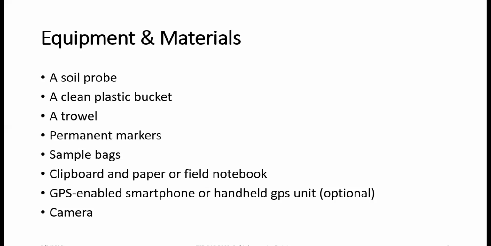So you need some equipment for digging or for taking samples, and also you need some equipment to put the soil samples in after taking them. In addition, you need some paper or field notebook to take some observations, and it is very important to always have a way of documentation, including paper and camera.